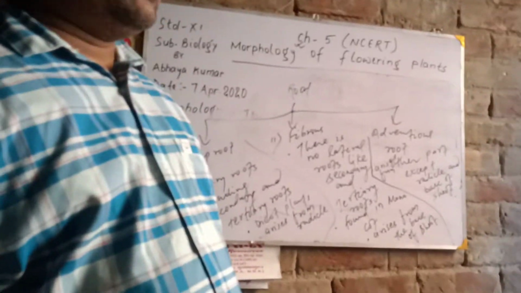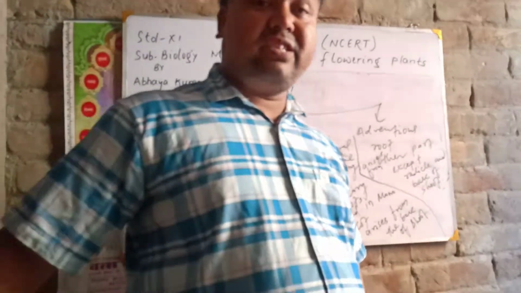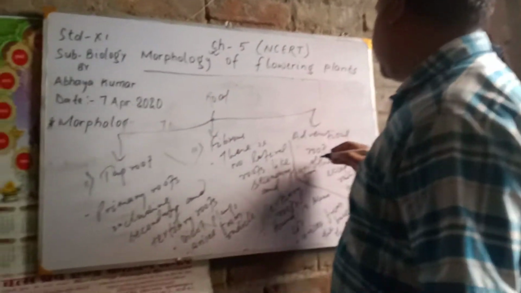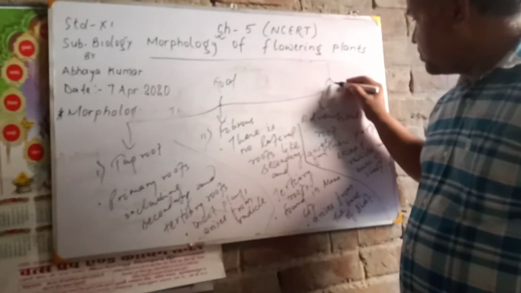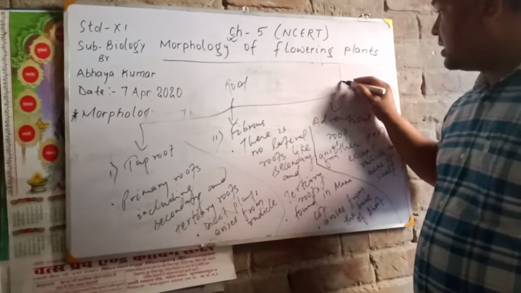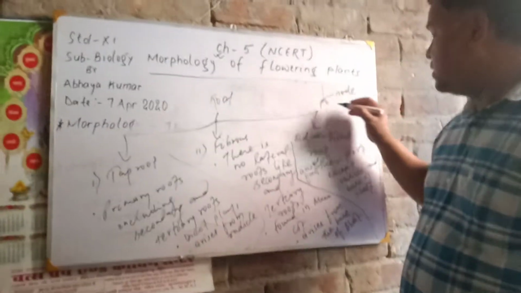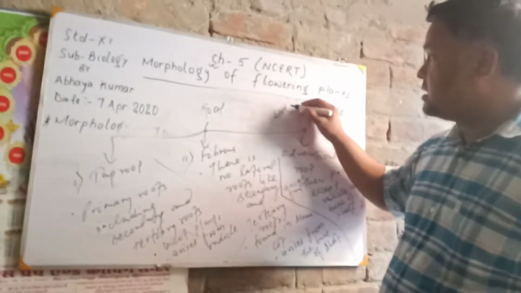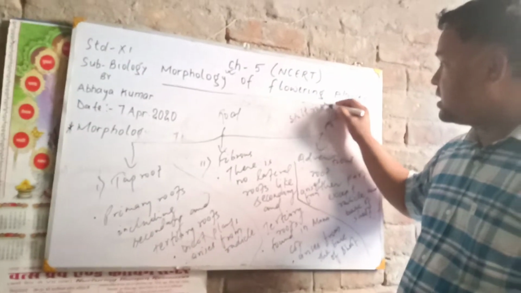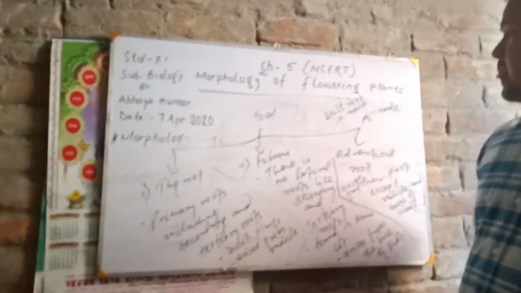Adventitious roots are of two types: stilt root, as we can see in maize. In case of maize, we can see stilt root arises from the node. Which root? Stilt root in maize.